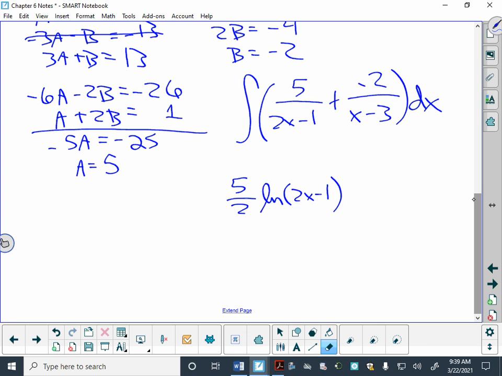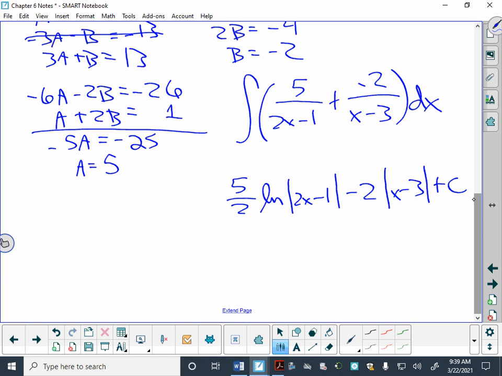Yeah, it should be absolute value. Plus or minus 2 times the absolute value of x minus 3 plus constant. Two times the natural log of the absolute value of x minus 3 plus constant.